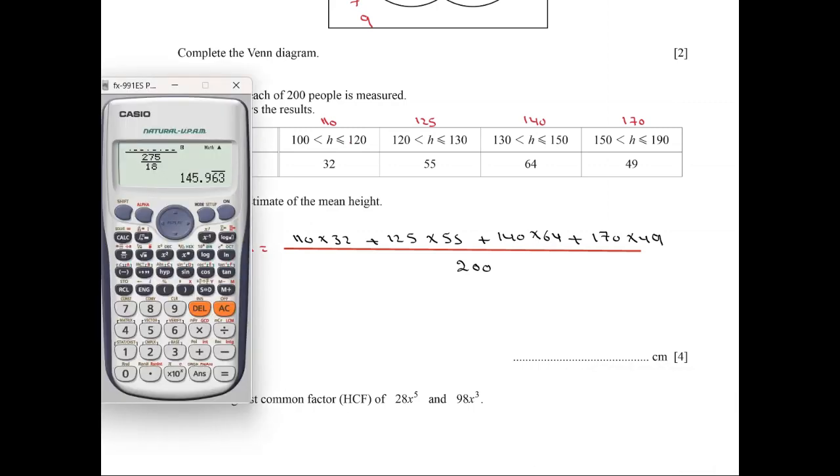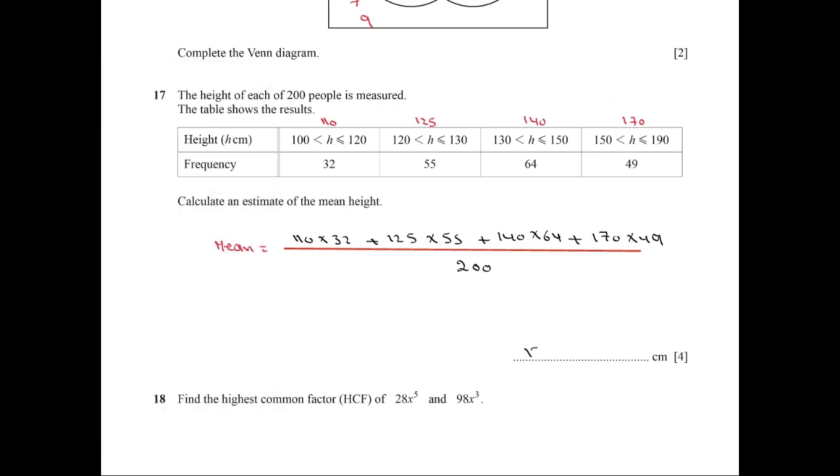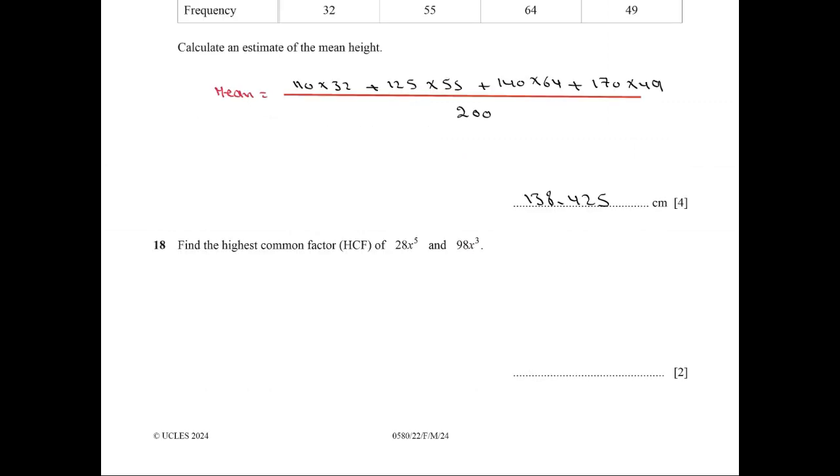Using the calculator, 110 times 32 plus 125 times 55 plus 140 times 64 plus 170 times 49 over 200. The result is 138.425.